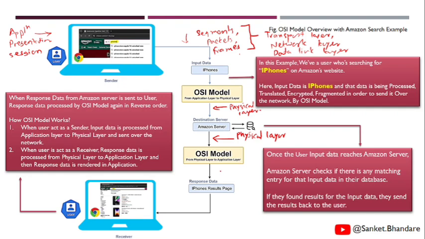Then the next layers will be the data link layer, network layer, and transport layer. Once the segments are created, it will be sent to the session layer.